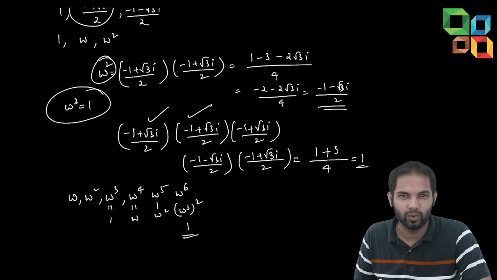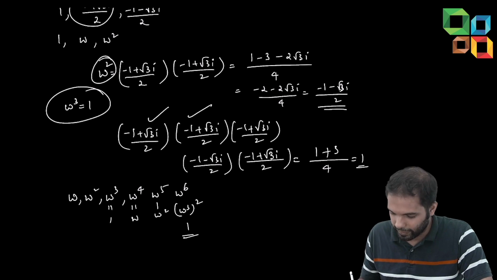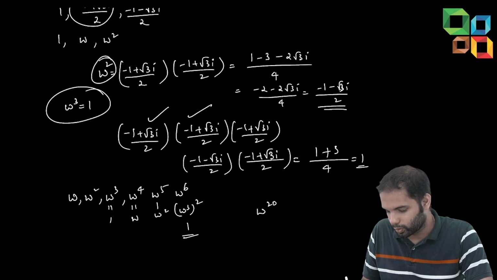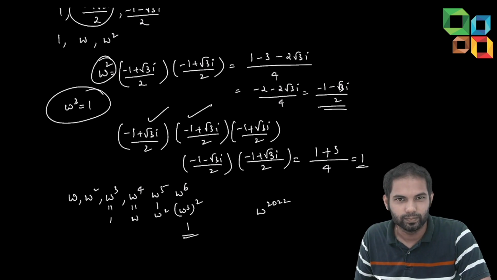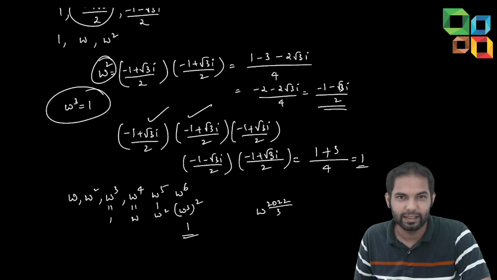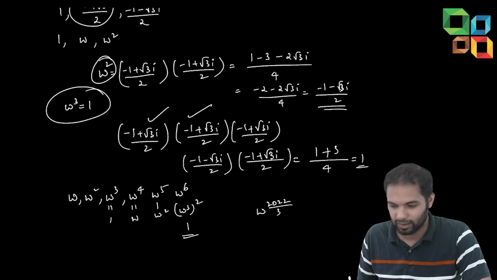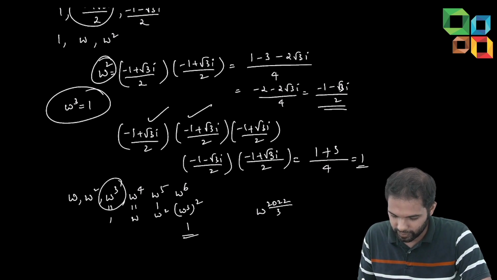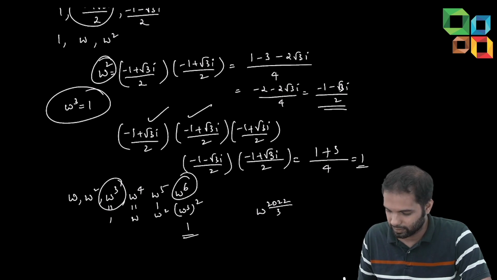Can you see the pattern will repeat? So if I ask you what is omega power 2022, what will you do? We'll just divide the power by 3 and see what is the remainder. Here it completely divides, remainder is 0. If remainder is 0, what do you get? It's equal to 1.